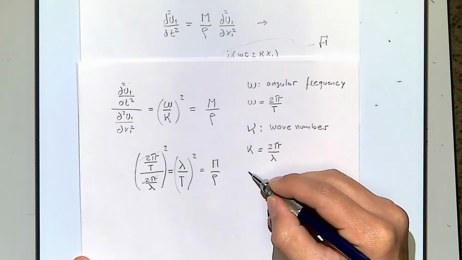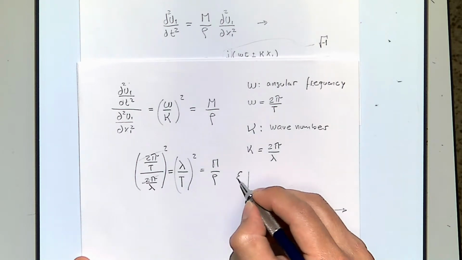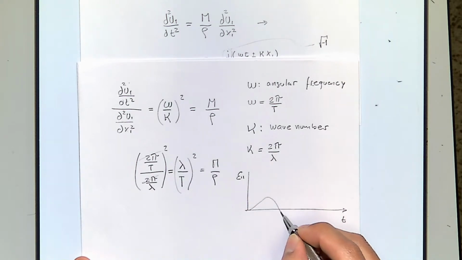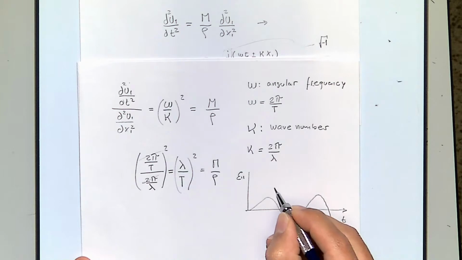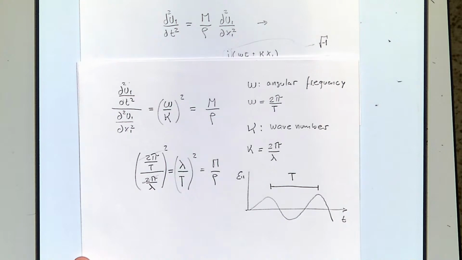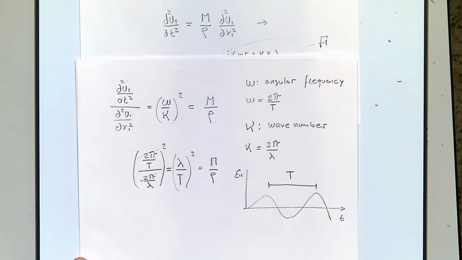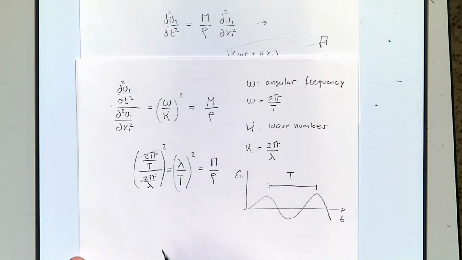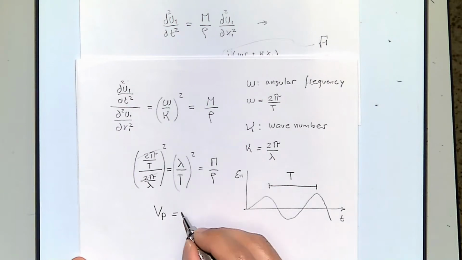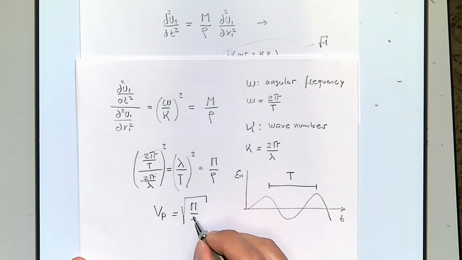And as I was telling you before, if we were to look at epsilon 1 with time, we will see that this goes to peaks and troughs, and the distance between these peaks is the period. So what do you think is going to be a wavelength divided by a period? It is the speed of the wave, a velocity, and from here we get that the velocity of the P wave is going to be equal to the square root of m divided by density.